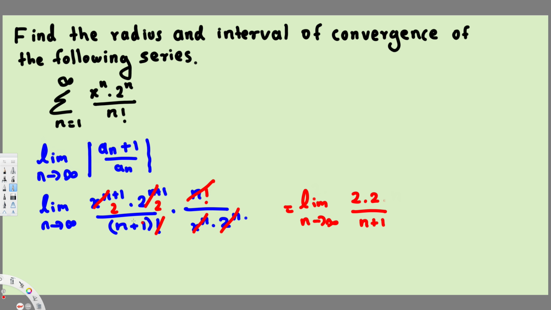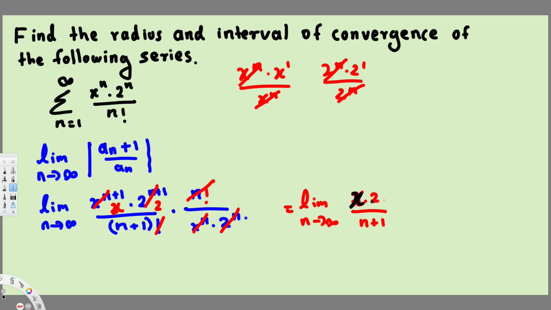How did I get this? If you notice, x to the power n plus 1 is the same as x to the power n times x, and if you divide by x to the power n, it cancels, and this is actually x. So here we have to have x. And then 2 to the power n plus 1 is 2 to the power n times 2 to the power 1. Divided by 2 to the power n, it cancels, and 2 to the power 1 remains. That's how we got this 2.